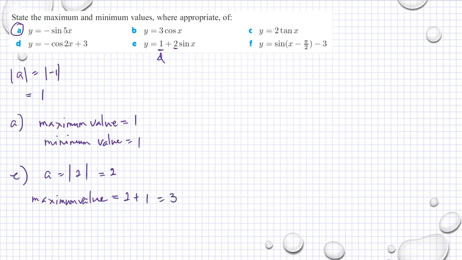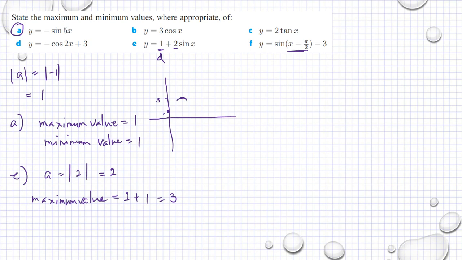That is 3. Now, before we continue for the minimum value, I will draw a sketch of this. Okay. Then we start with 1 here. And then we go 2 steps. So this is 3. So this is our highest. And then from our starting point, we have also amplitude 2.